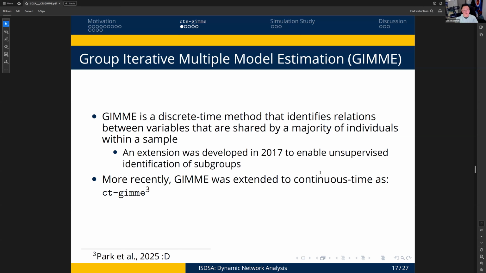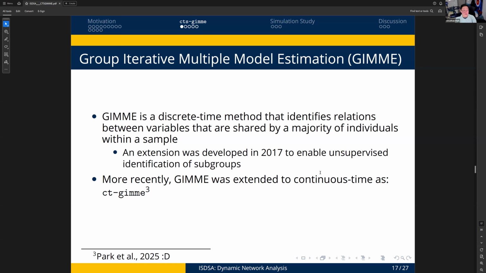The idea is that if I look at everyone and find that most people tend to have this path, then it might be safe to assume that everyone has it. But if there are paths that are less popular, then maybe I won't force everyone to have that particular path, and I'll leave it to the individual data to inform the selection of those paths.